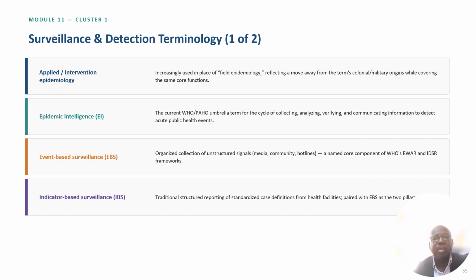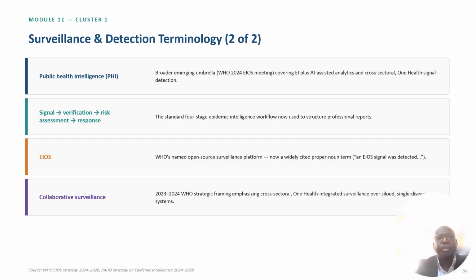Event-based surveillance, EBS, means organized collection of surveillance. Those all together come as surveillance. Indicator-based surveillance means we talk about surveillance and detecting of diseases.